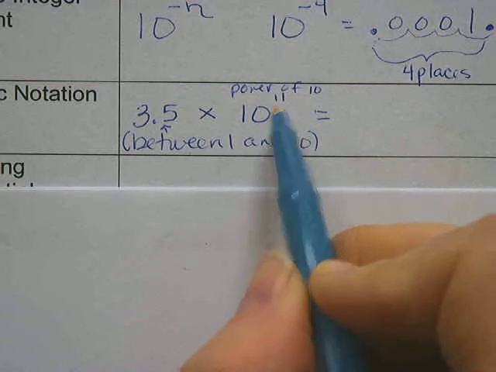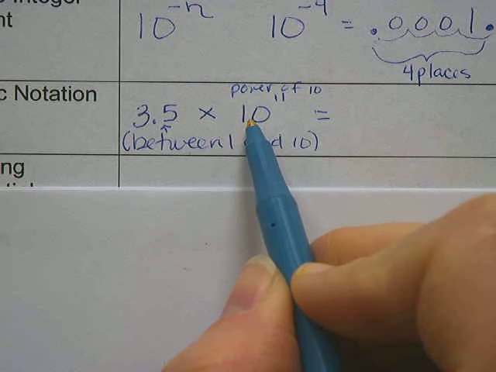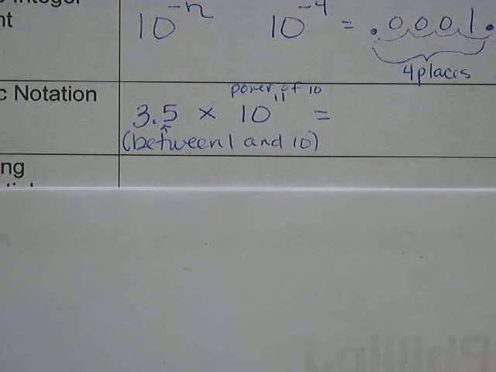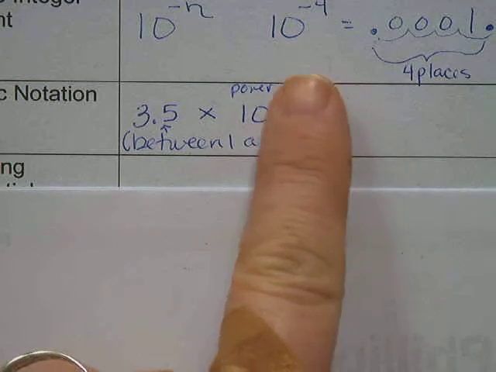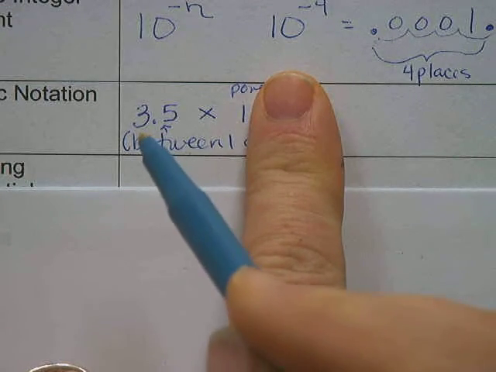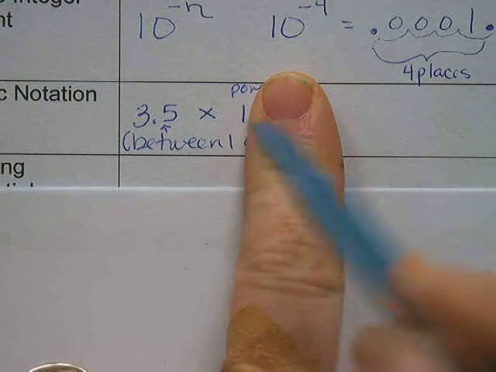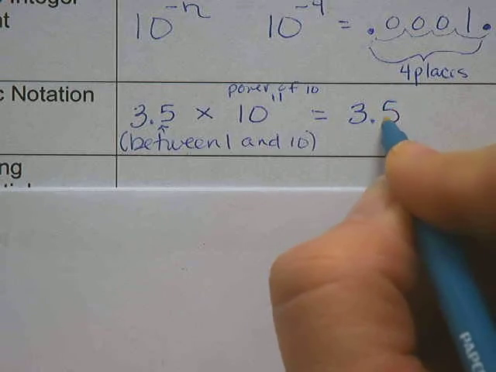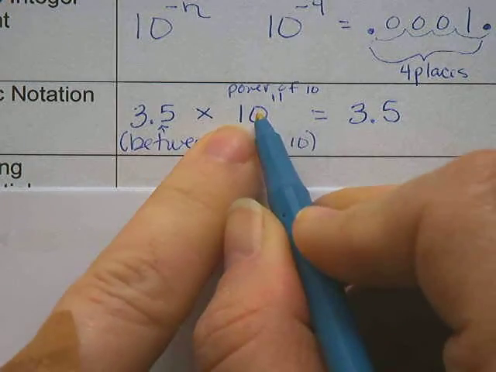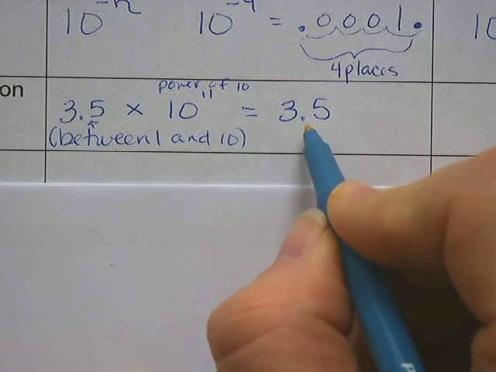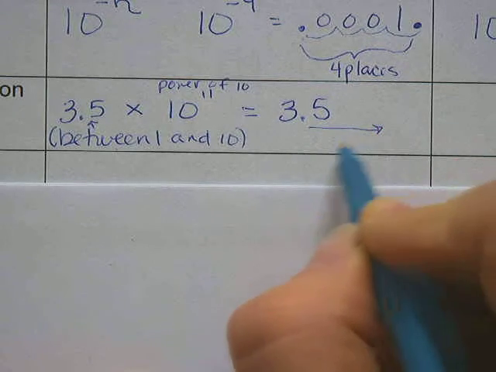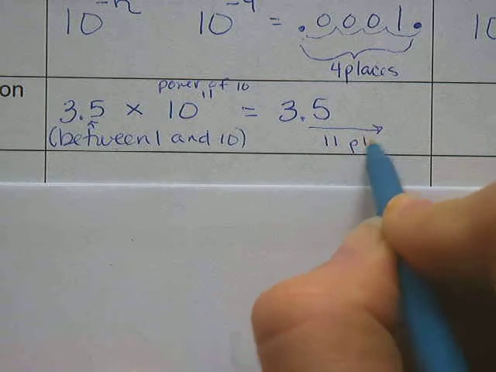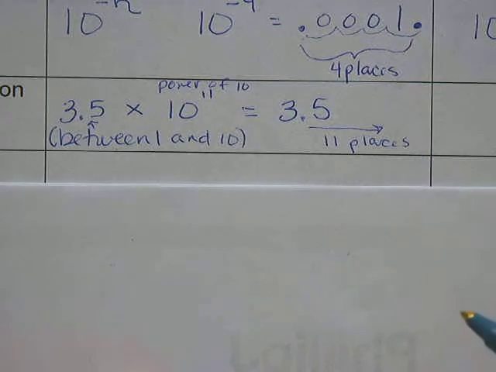Okay, so then in this case, we learned previously that 10 to the 11th power is taking the number 1 and moving the decimal 11 places to the right. So if we covered this up, isn't 3.5 times 1 just 3.5? So we're going to start with this, and now we're going to move the decimal 11 places to the right.